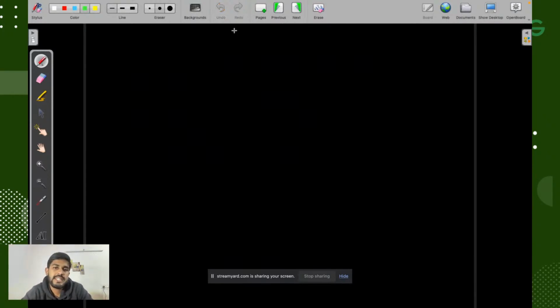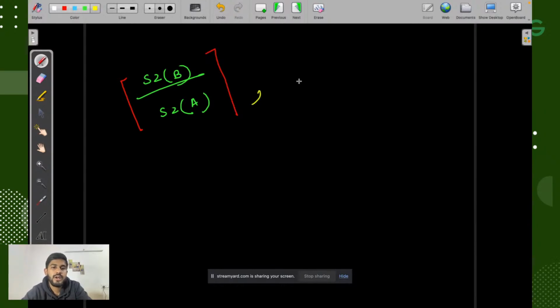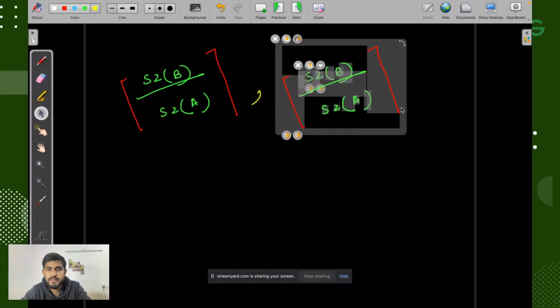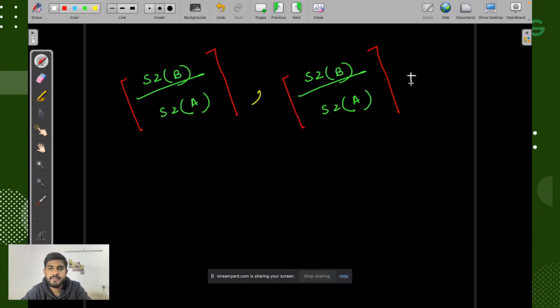So now we can say that the total size, that is size of B divided by size of A, and the ceil value of it, or the same value plus 1.